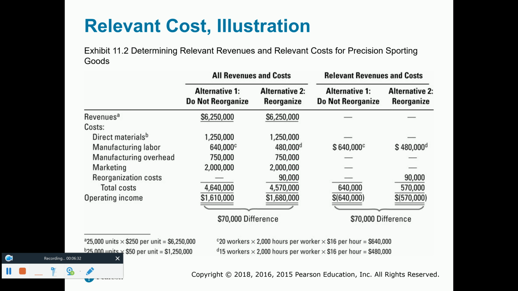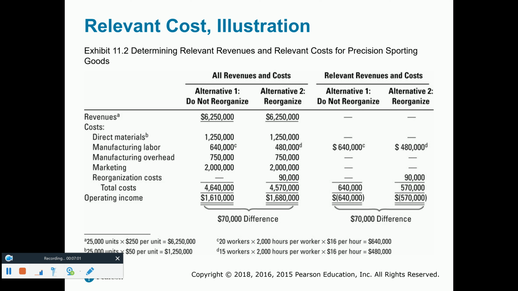Okay, here is an example of how you can analyze two alternatives. So we have two situations. One alternative where we basically stay status quo and we don't do any reorganization internally, or alternative two, we want to do a reorganization. So regardless if we reorganize or not, the revenues are going to be the same.